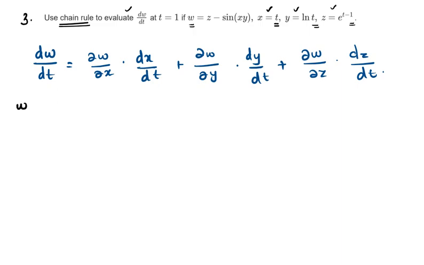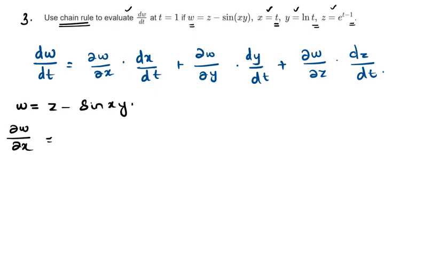So we have the function. What is given? w is equal to z minus sine of xy, right? Now first let us find ∂w/∂x, that is differentiating w with respect to x.